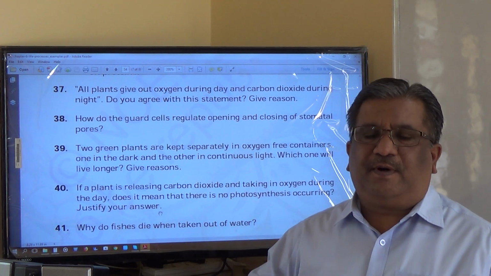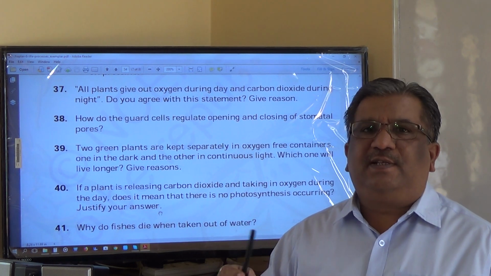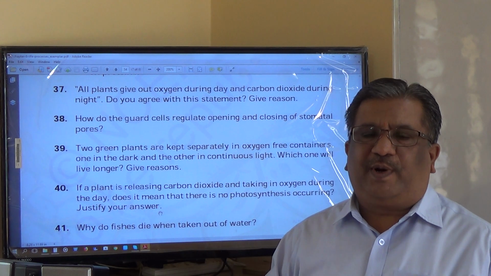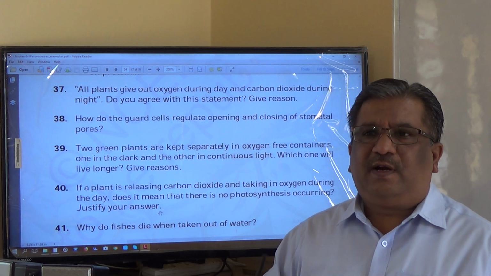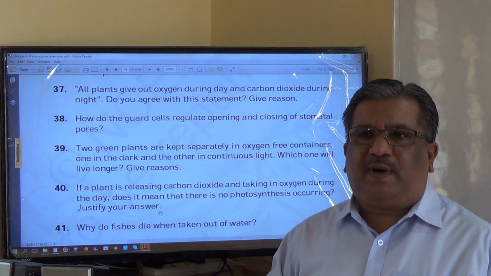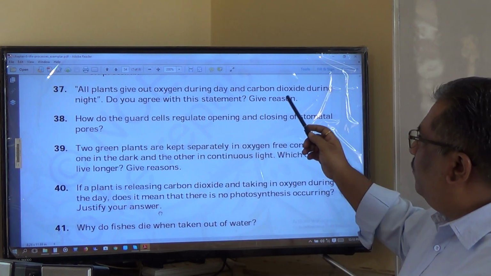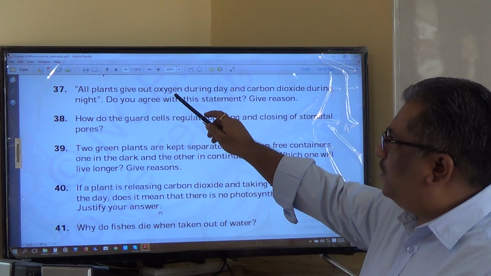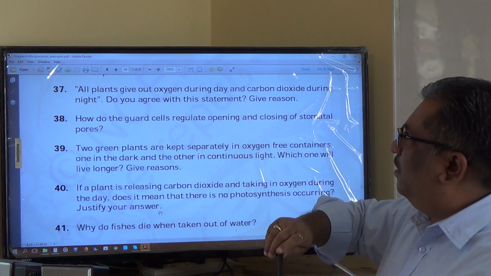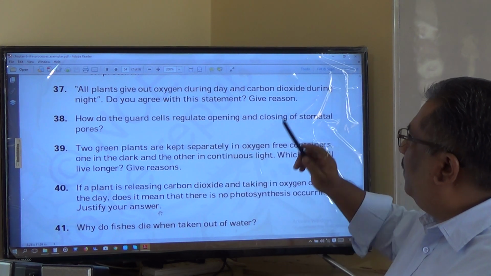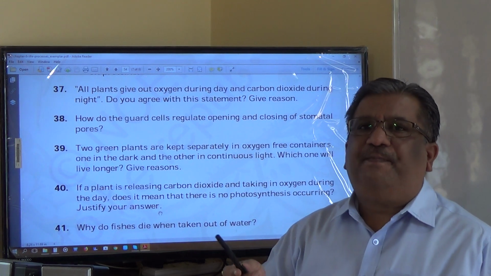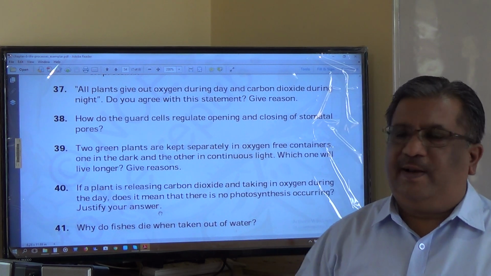So oxygen is absorbed at night, and CO2 is the resultant product of respiration, along with water and energy. Energy is utilized by the plant, and CO2 is released to the atmosphere. So during daytime, photosynthesis occurs and oxygen is a byproduct which is a major elimination. During night time, carbon dioxide is a result of respiration, and that is a major elimination.